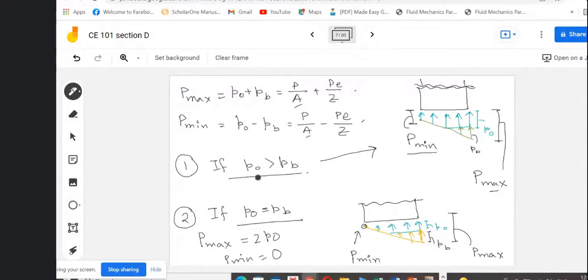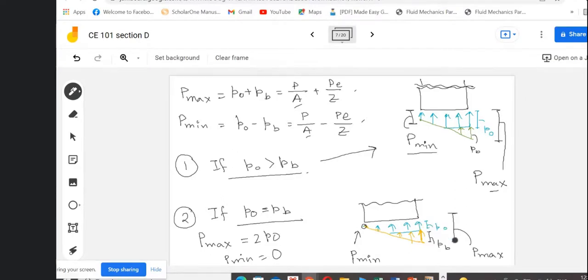So if the P naught is greater than PB, then some sort of P minimum value remains there and P max is obviously there. If the P naught is equal to the PB, that is direct stress is equal to the bending stress, one portion is twice the direct stress or bending stress, as both are of the same magnitude.